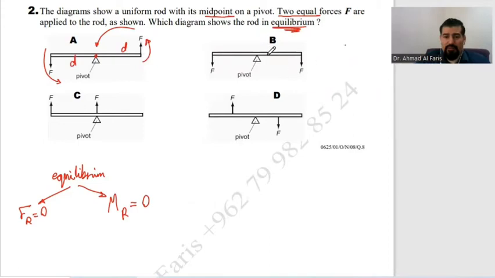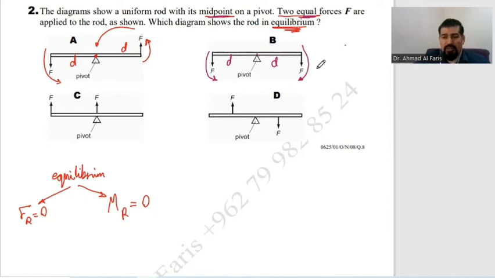But if we look at B, we can see that both forces on either side have the same separation distance, D, since the pivot is in the center. This one makes a moment clockwise on the right, while the force on the left makes a moment anti-clockwise. Since the forces are equal and the distances are the same, they have the same moment.